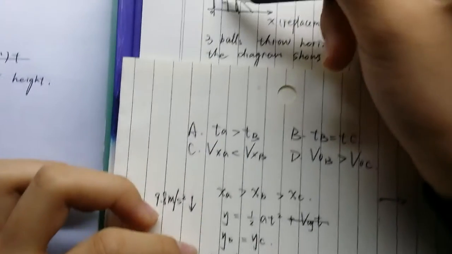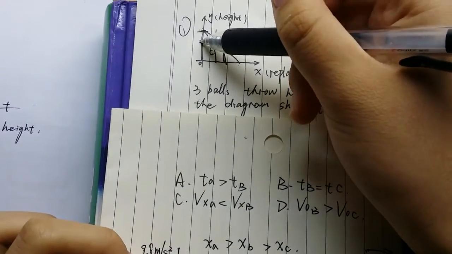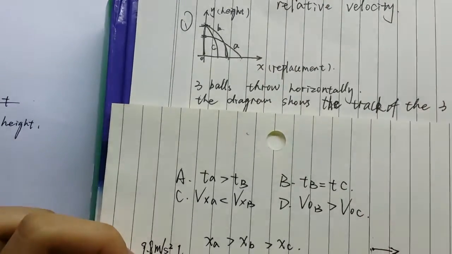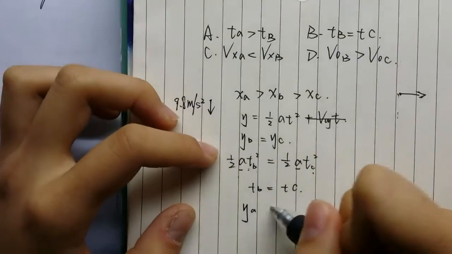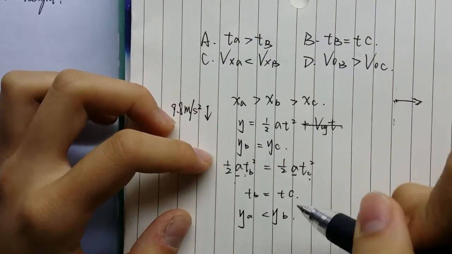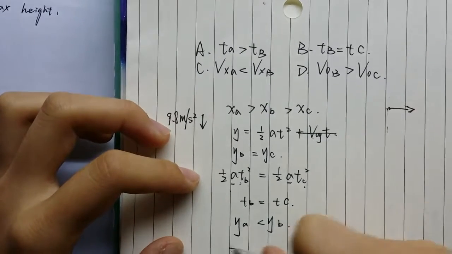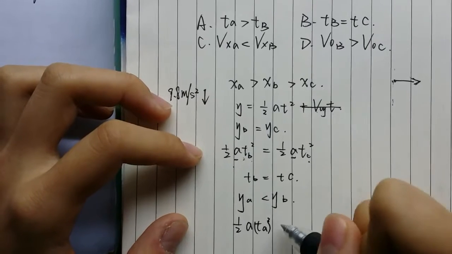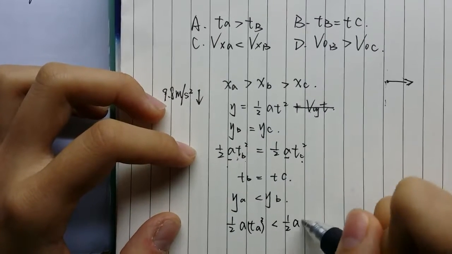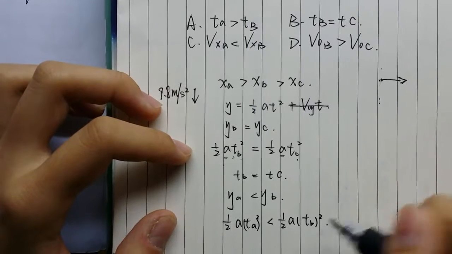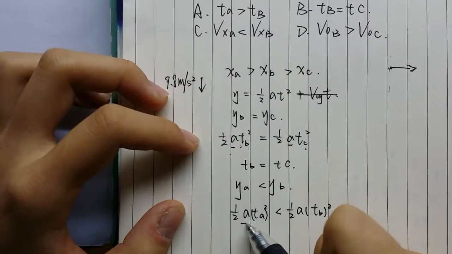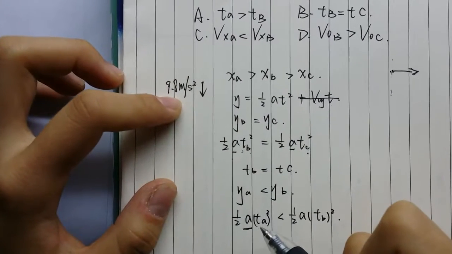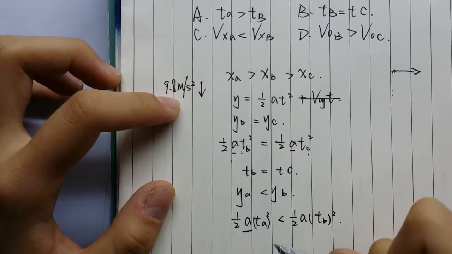And as we can see in this diagram, the height of A is smaller than the height of B. The acceleration for the ball A is still 9.8 meters per square second.